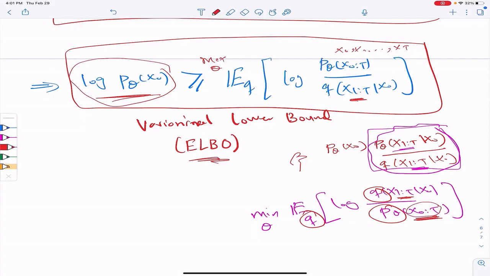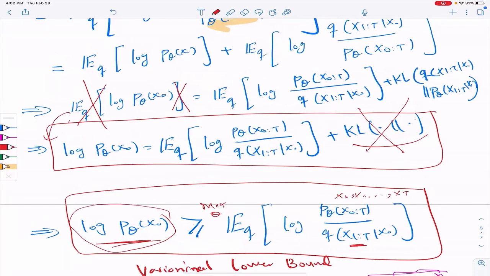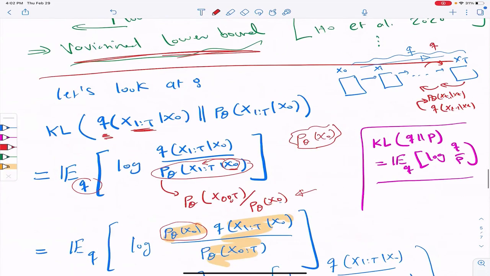I think there was a question before. Maybe I'll start with you. Yes? Can you explain how you remove the expectation over log of p theta of x0? Oh, this one. Okay, so what is q here? It's a little bit of an abuse of notation. So q is this distribution of x1 to t given x0. That's the definition of KL, right? KL of two distributions is the expectation over the first distribution, log of that distribution over the second distribution.